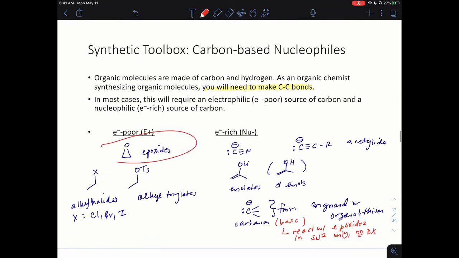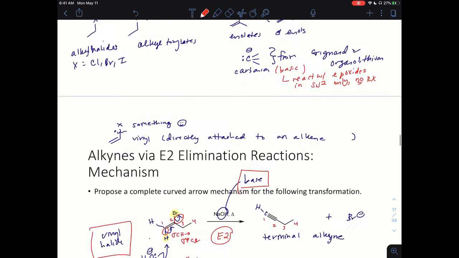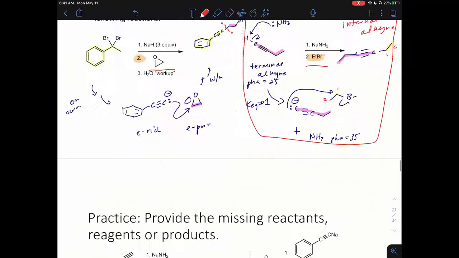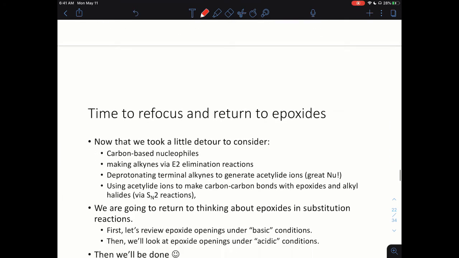Yeah, all right. So we reacted epoxides and alkyl halides with acetylide ions. Okay, so here's some problems. I'm going to have you try these on your own and compare with what I have in the notes. Now's a good time or after you take a rest because this is getting long, huh?